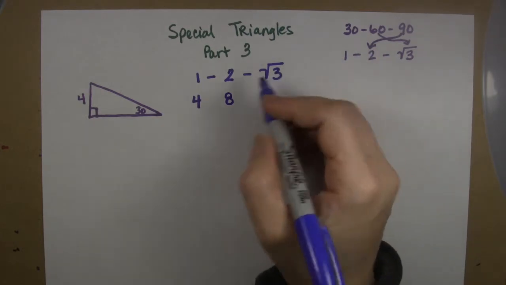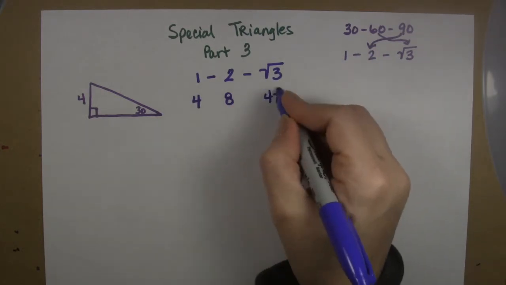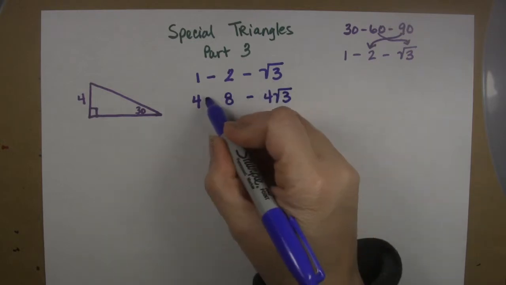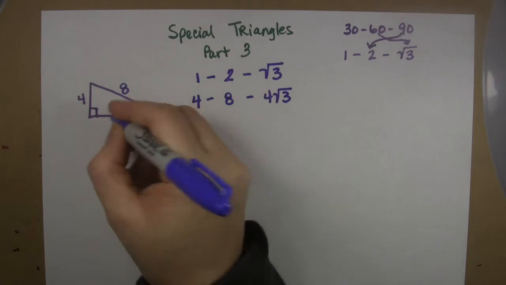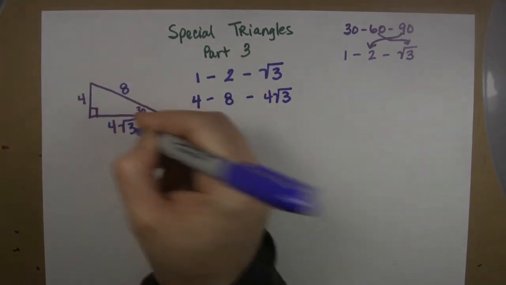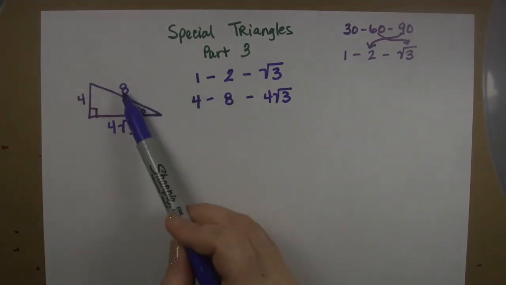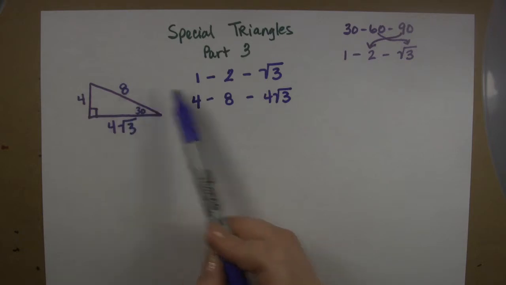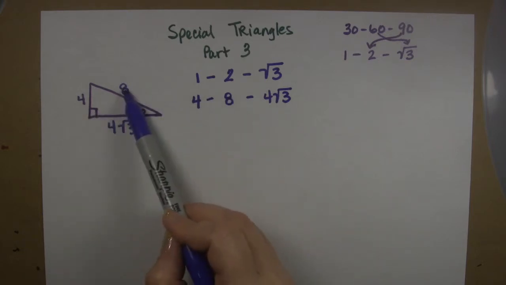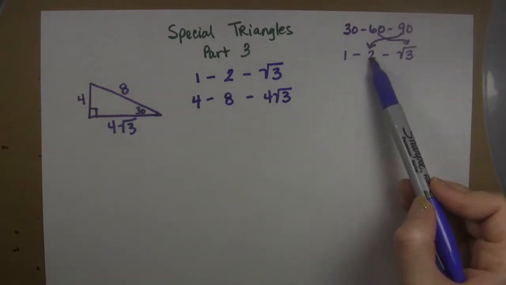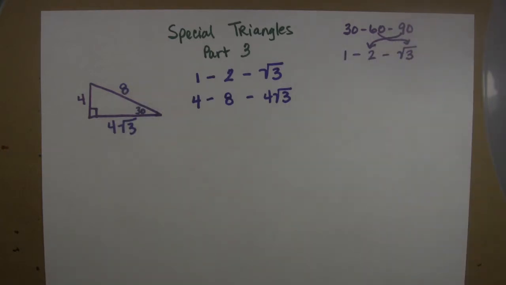And the root 3, I'm just going to take the 4 and plop on a root 3. So those are the lengths of my sides: 4, 8, and 4 root 3. Please make sure that your double side, your times 2 side, is your hypotenuse. It's the one across from the 90 degree angle.